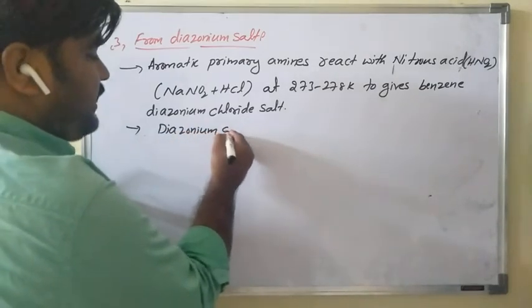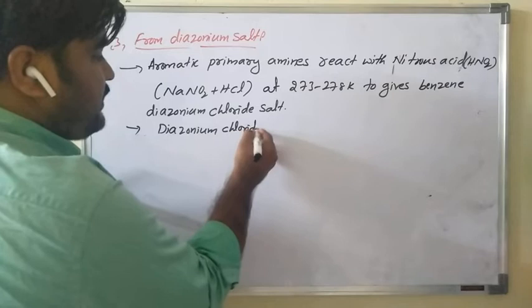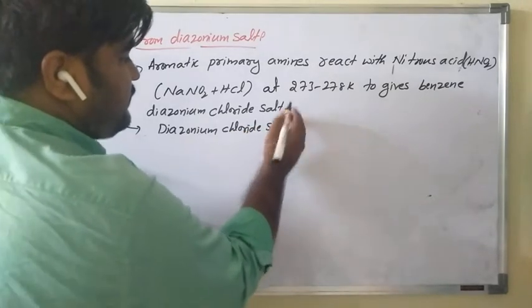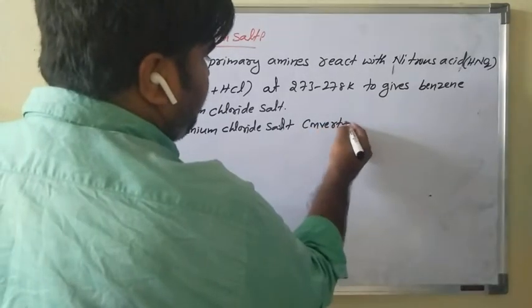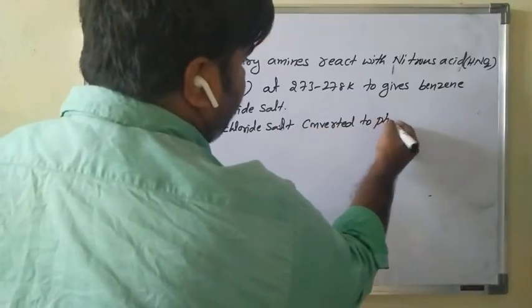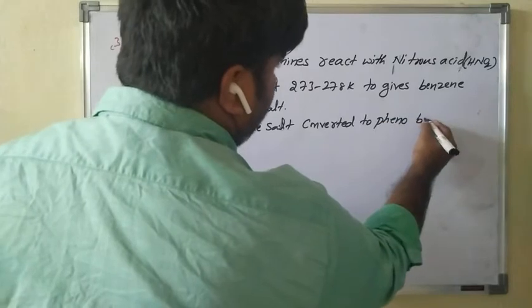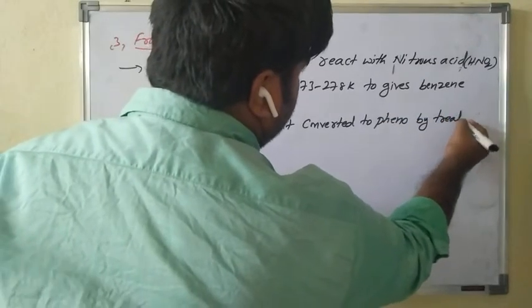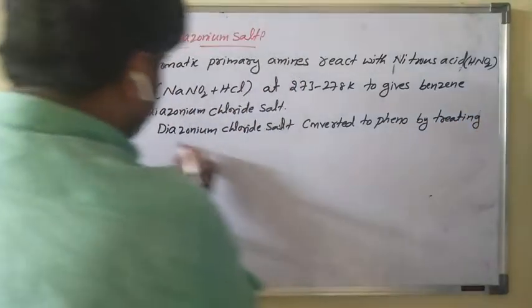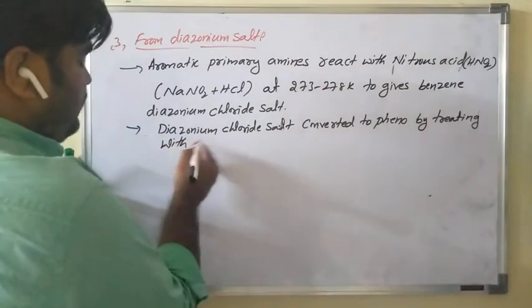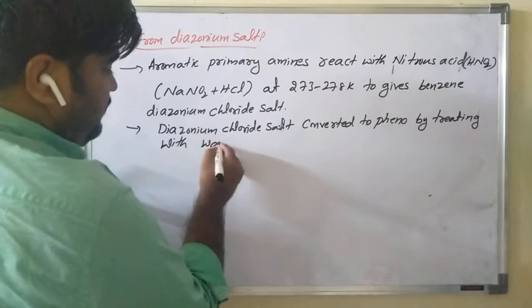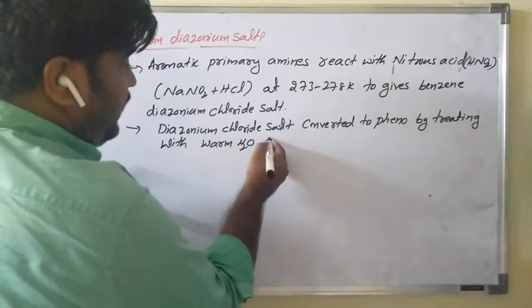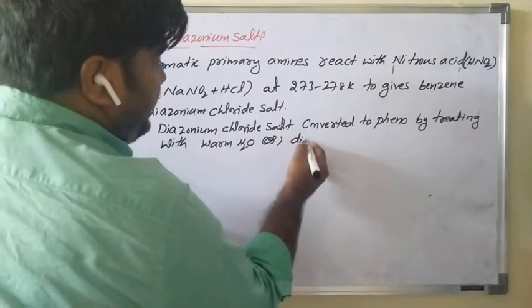Simply you can write like this also: diazonium chloride salt, or benzene diazonium chloride salt, is converted to phenol by treating with warm water or dilute acids.